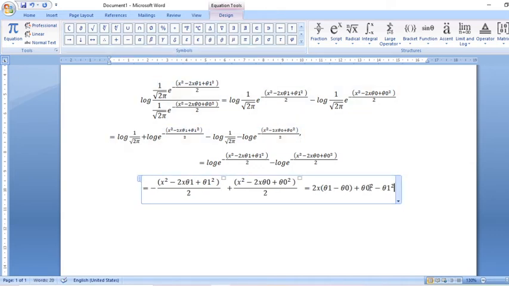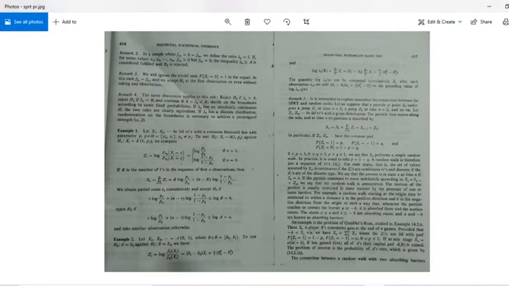Then one half is there, and in this case the half will get cancelled. Because we have already one half, and half and 2 will get cancelled. So you will get like this. I think this is the step given in this. Here it is given.